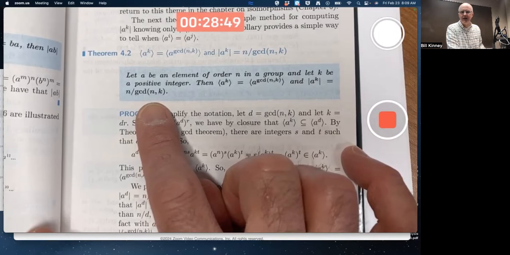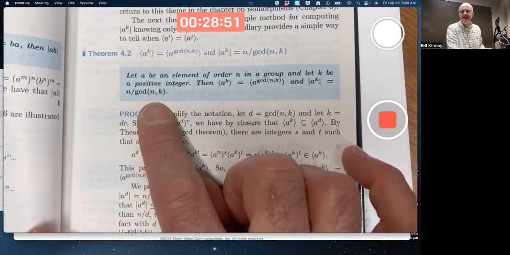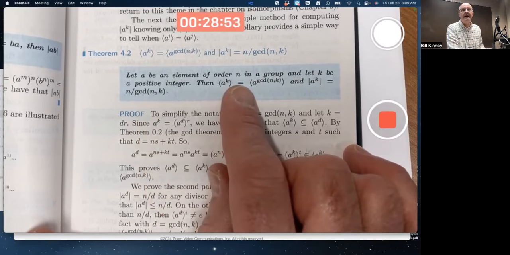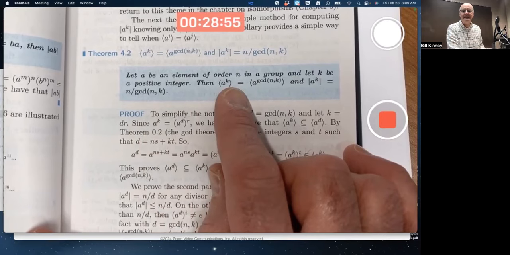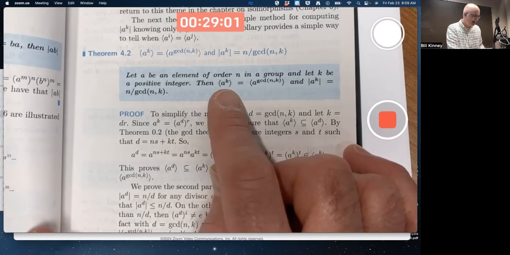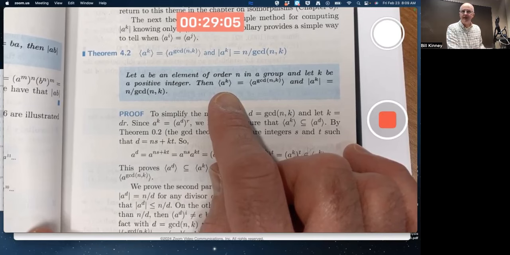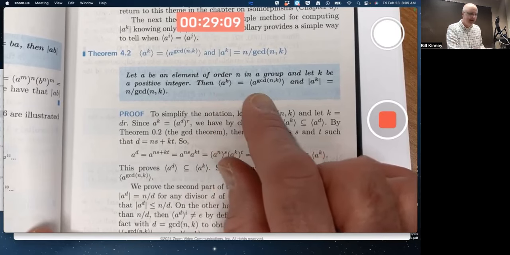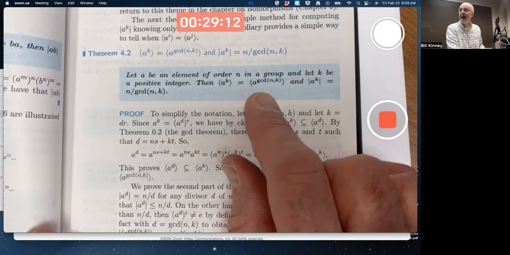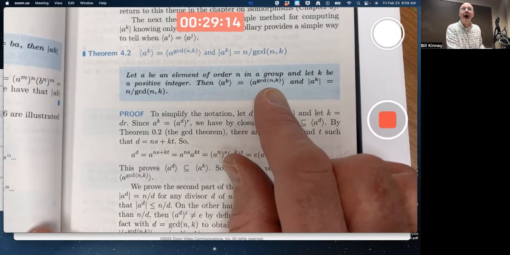A good example might be to take n to be, say, 40 and k to be maybe 15 or something like that. If n is 40 and k is 15, we're trying to figure out what's another way to write the cyclic subgroup generated by a to the 15th. It'd be the same as the cyclic subgroup generated by a to the 5th. Why?